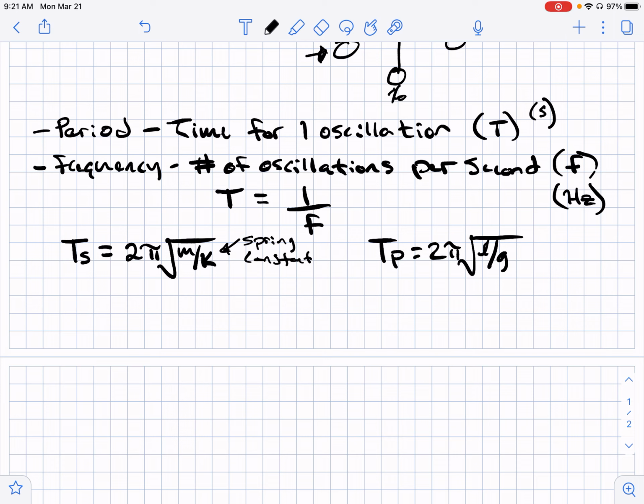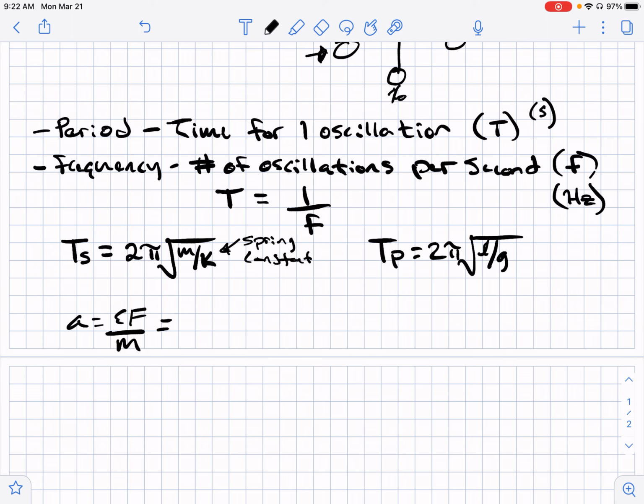Now, throughout this unit, we're also going to apply some of the stuff we learned last semester. So you need to keep in mind a few things. One, remember acceleration is equal to net force over mass, Newton's second law. So we said there's some kind of restoring force. And we can actually calculate the acceleration, for example, of a mass on a spring at a given stretch.